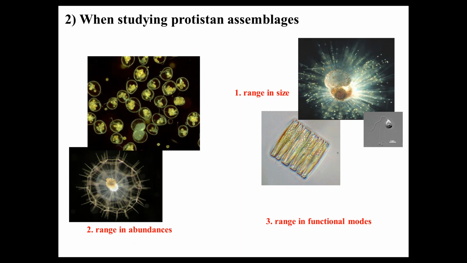Another one is that while they might be the same size and the same taxonomic group, they don't all do the same thing. They have a different capacity of making a living and have several functional modes that they might rely on depending on what the conditions are.